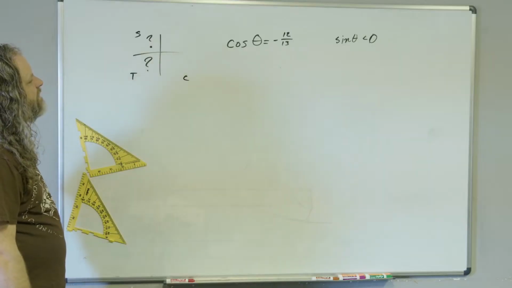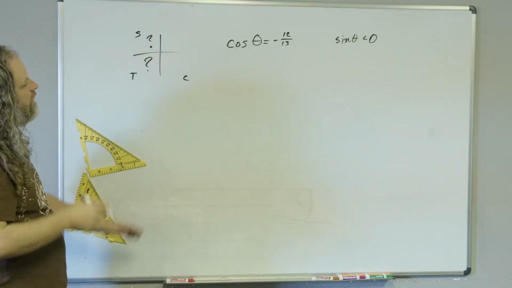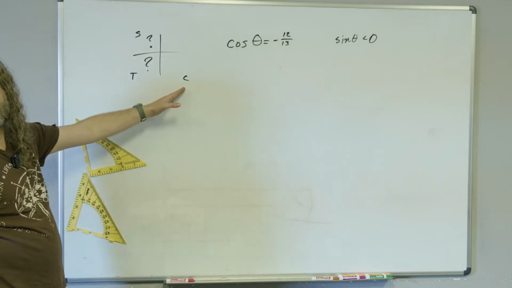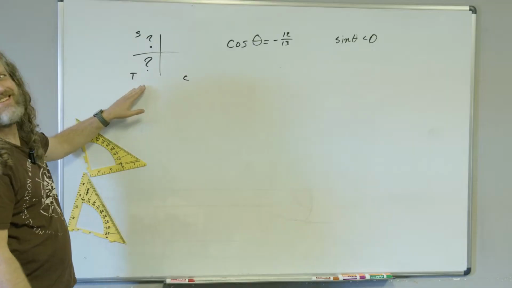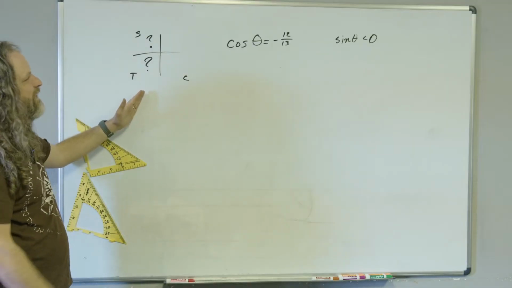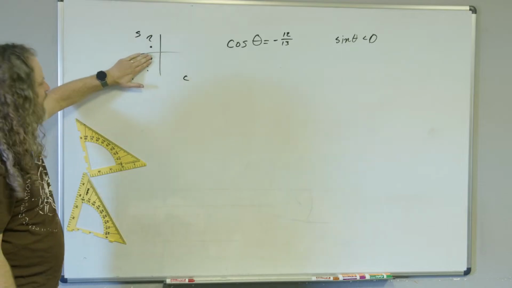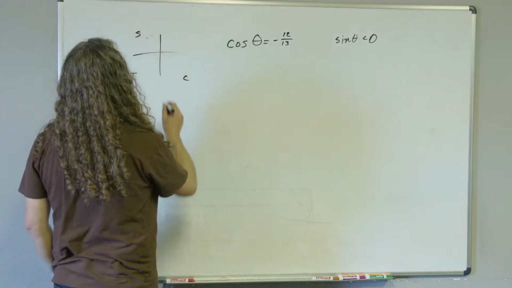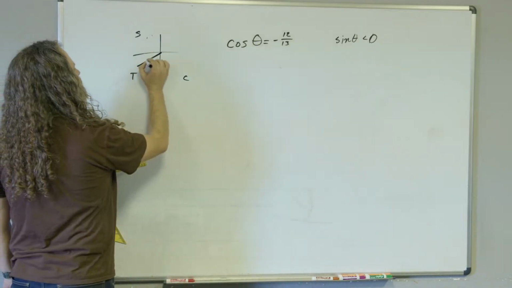We're narrowing things down. It's one of these two. Sine is negative, so it's this one, right? Yes. Great. So it's over here somewhere.